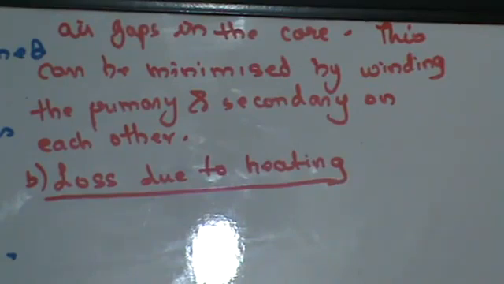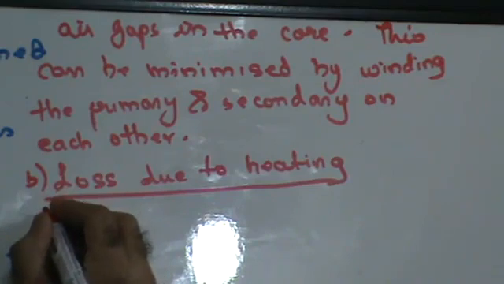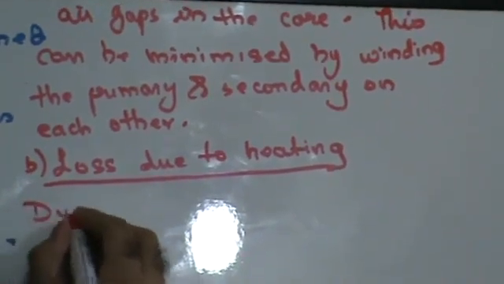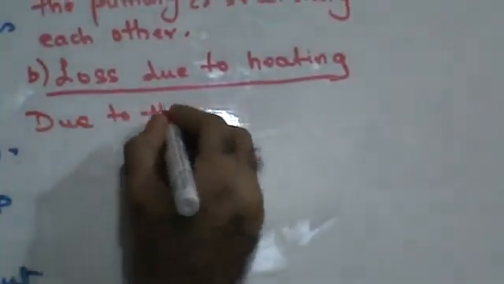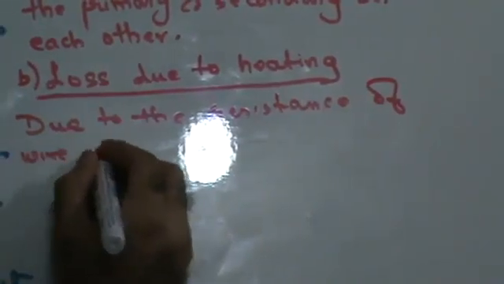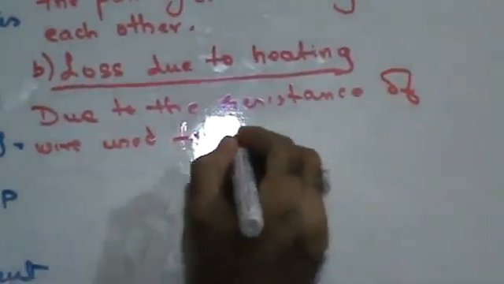So I can say that the second loss, why the transformer would not work at 100% efficiency, is due to the resistance of the wire used for winding.